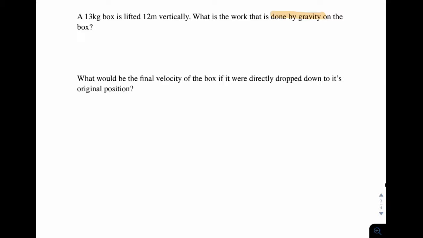Let's go ahead and solve for what that work is being done on this 13 kilogram box. So work is equal to force cosine theta delta x, or displacement. And again, it's always a really good thing to memorize these equations and understand why they are written certain ways. Why is it that work is proportional to force and to delta x?